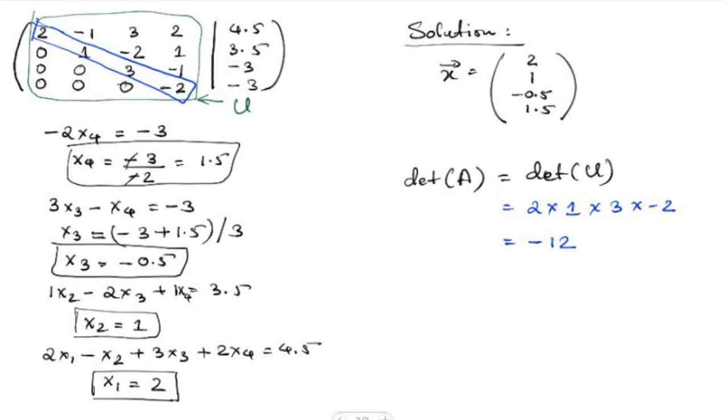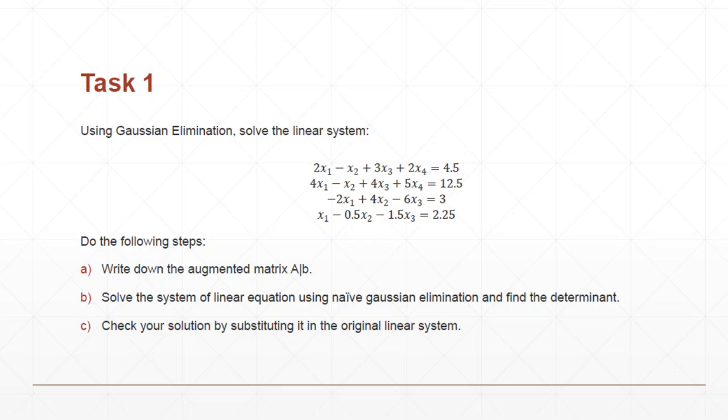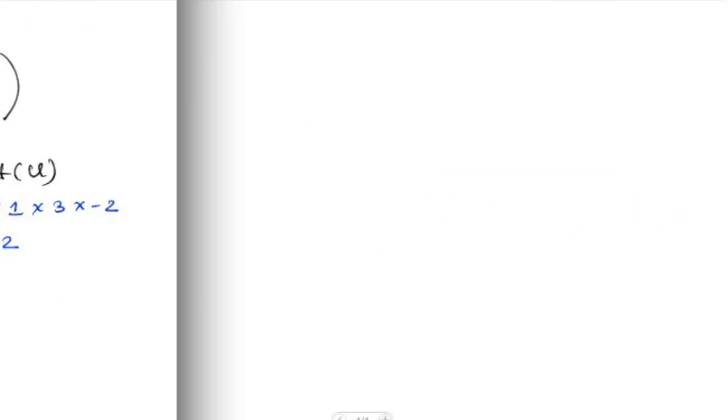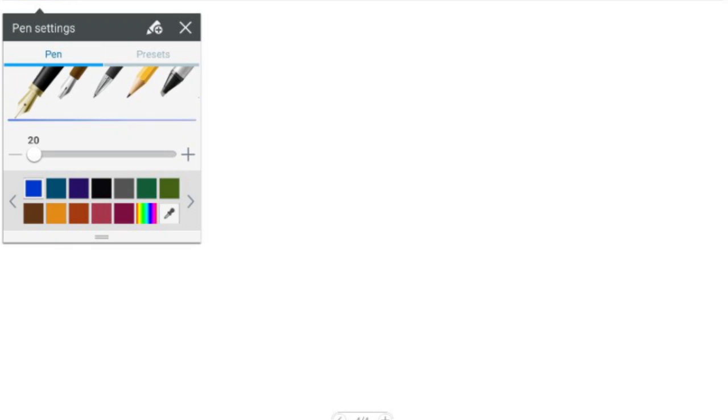Now let's go to the next question. The next question is saying check your solution by substituting it in the original linear system. So let's do that now. Let's take one of the linear equations that was given to us, which was minus 2x1 plus 4x2 minus 6x3 is equal to 3.